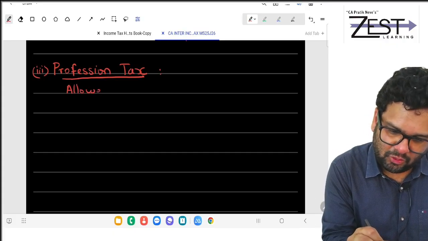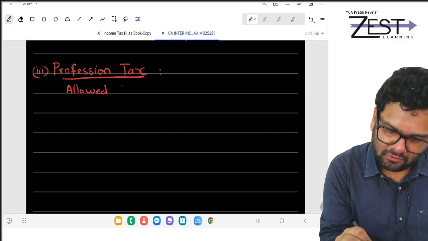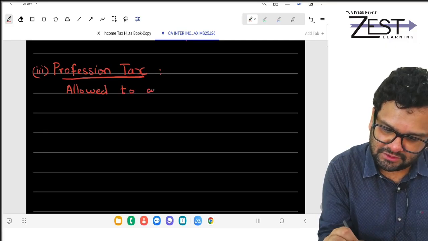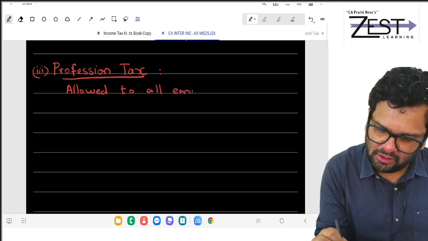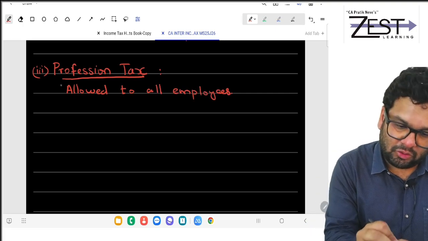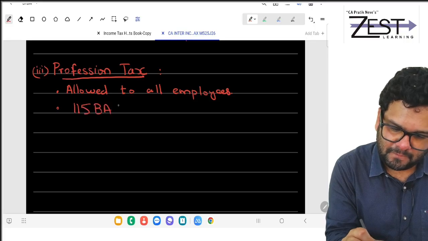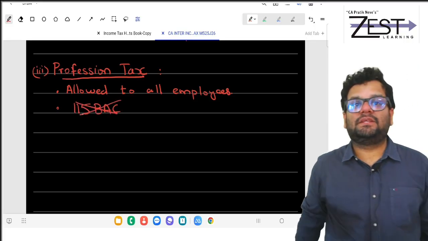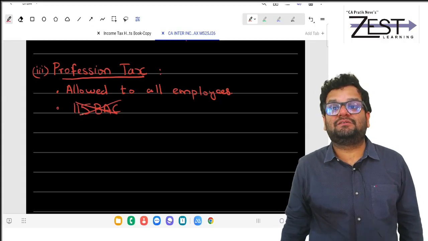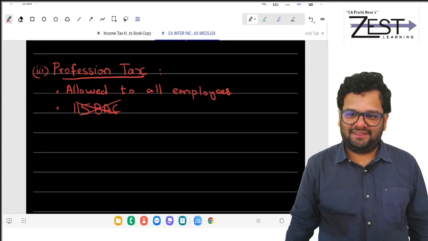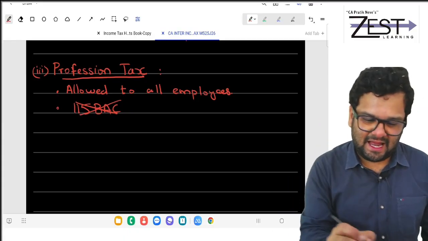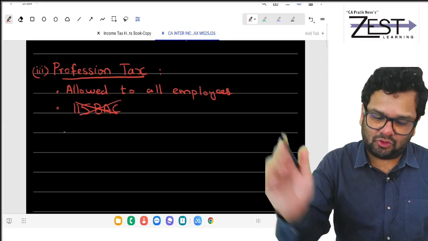So it is allowed to all employees only if they are not paying tax under 115BAC. And lastly, so it is allowed to all employees.